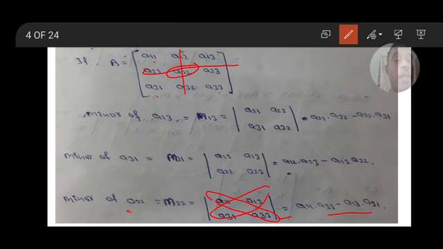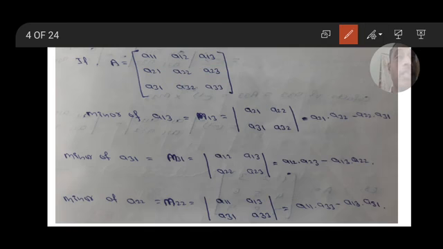A22 minor is M22. Removing the row and column of that element, the resultant matrix determinant is called the minor of that element. Here 9 elements are there, so we have 9 minors. It is denoted by Mij.